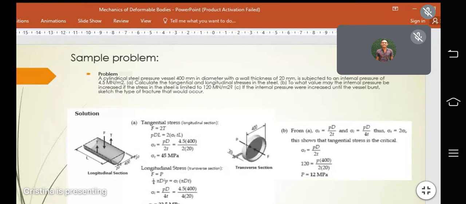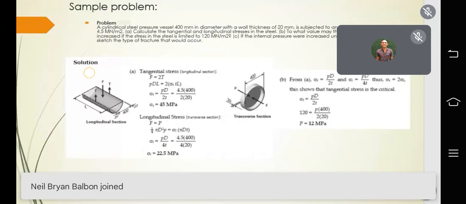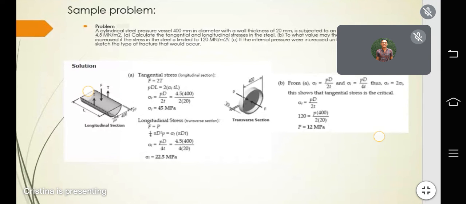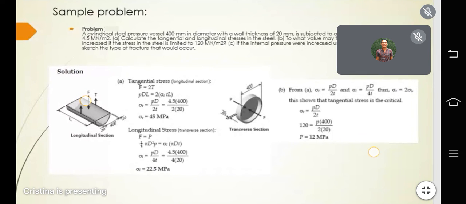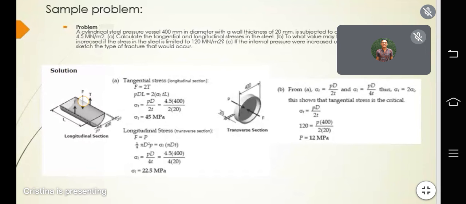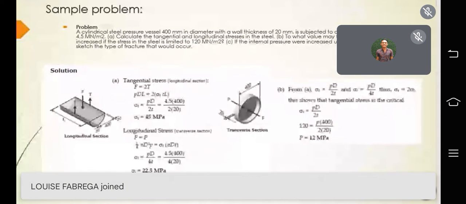A, calculate the tangential and the longitudinal stresses in the steel. B, to what value may the internal pressure be increased if the stress in the steel is limited to 120 MN per m squared? C, if the internal pressure were increased until the vessel burst, sketch the type of failure. Dili na ni sketch, A and B lang itong answeran.